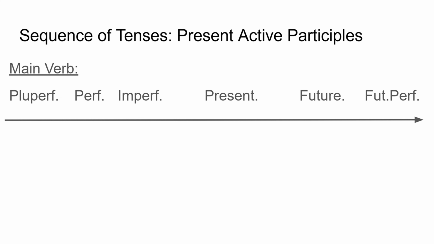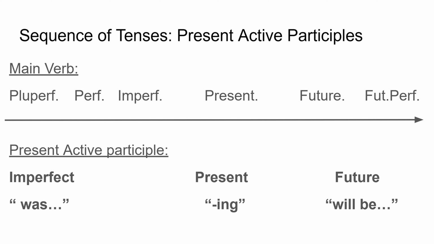But each of these categories has a different role to play if I have a present active participle. Because my present active participle has to happen at the same time, if I see a past tense, I can then translate my present active participle as an imperfect, like in the previous sentence, while I was walking. If my main verb is present, I translate it as usually -ing, just walking.